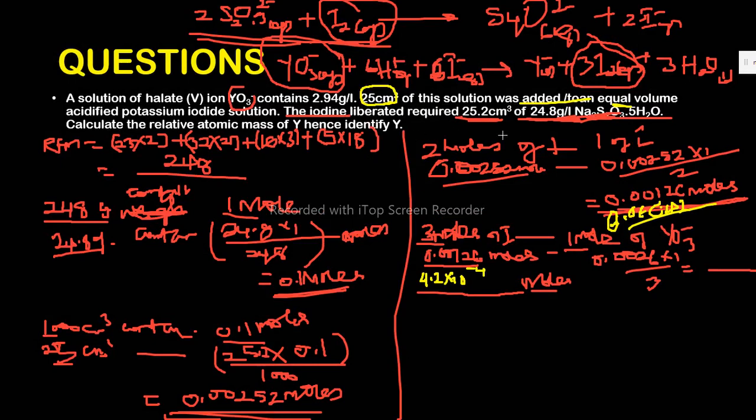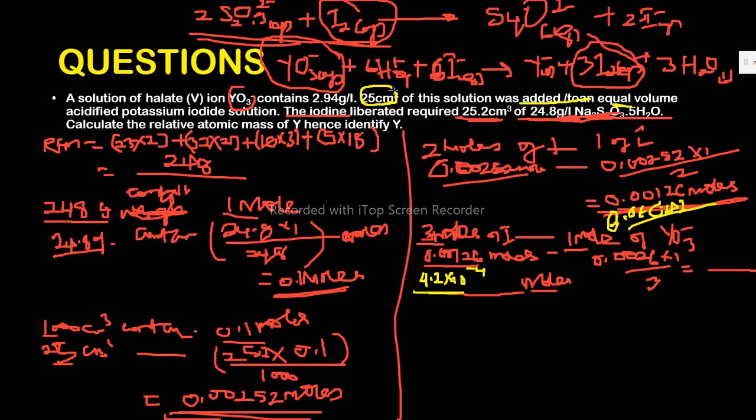So it is the iodine that is going to determine how much. In other words, the whole of this iodine is going to react since iodate is in excess. So the iodine that is liberated is due to the iodate in 25. And you have seen that the 25 centimeters cubed iodate solution contains 4.2 times 10 power negative 4.